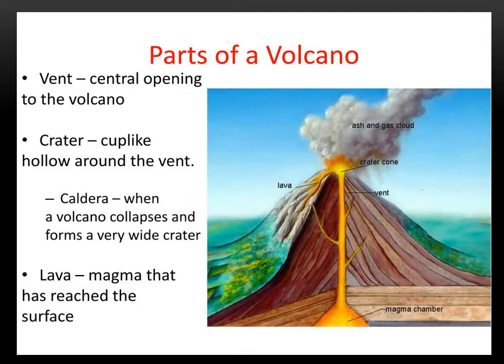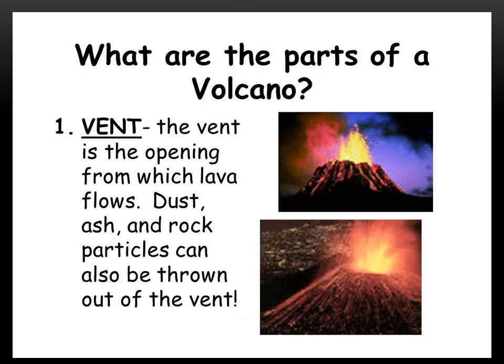So on page number 16, there is a figure 2.12, which shows the structure of a volcano. And you can see that there are different parts of the volcano. Let me explain all the parts one by one.